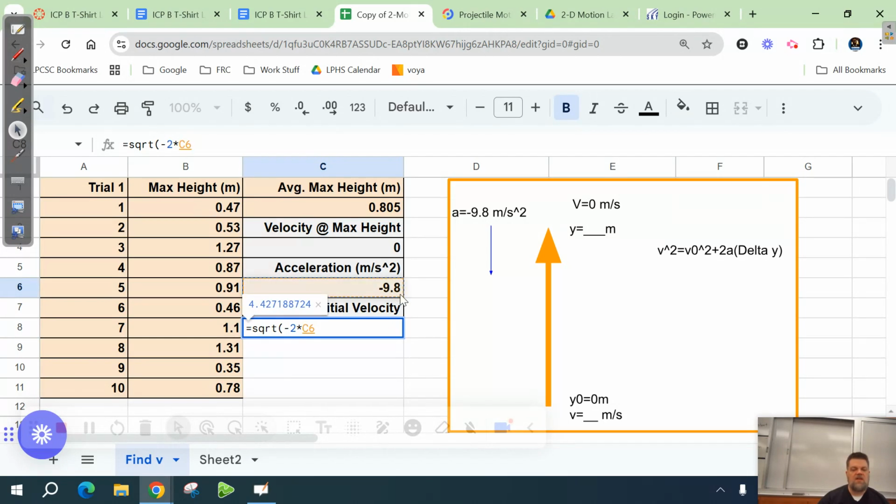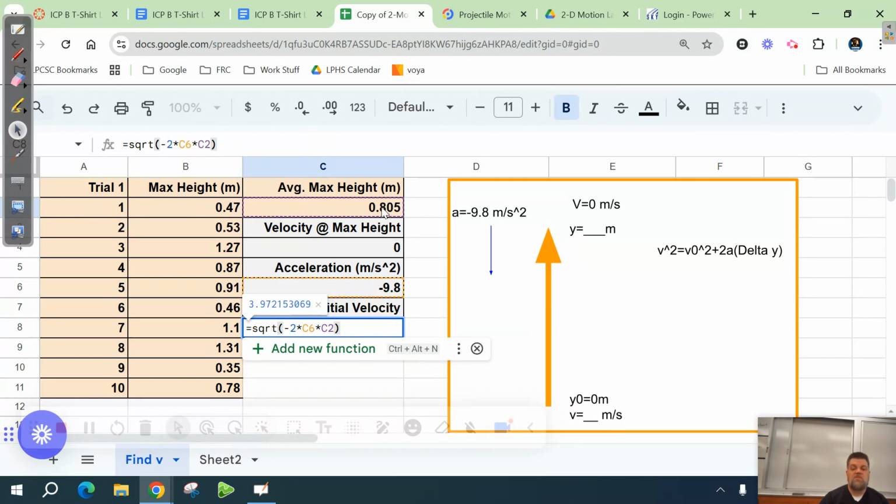So I just click here, which is C6, times the average maximum height, which is this one up here, my delta y. So when you're done, it should say equals SQRT, open parentheses, -2 times C6 times C2.